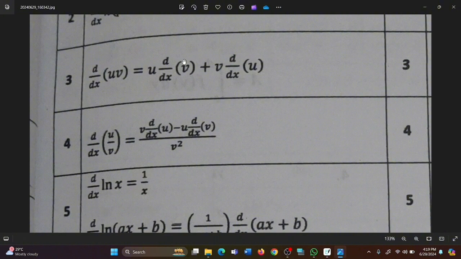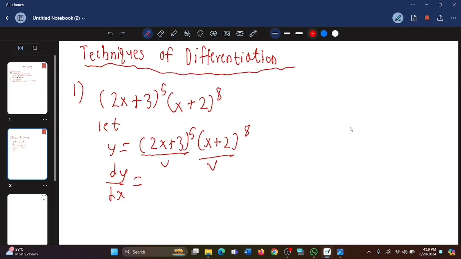Then we add that to v multiplied by the derivative of u. So let's do it. First, let's write down the formula: v du/dx plus u dv/dx.